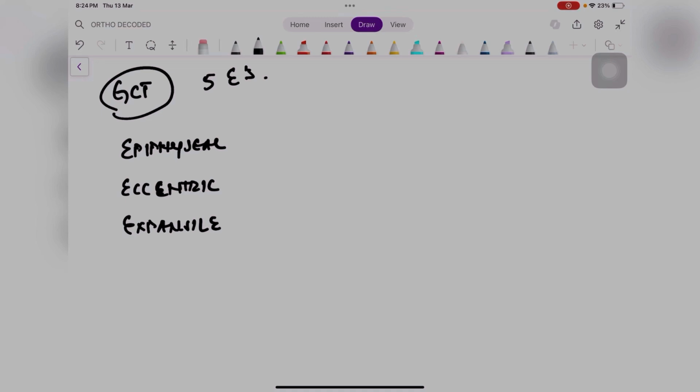You have your soap bubble appearance, which on palpation will give you eggshell crackling. Then the treatment is extended curettage.